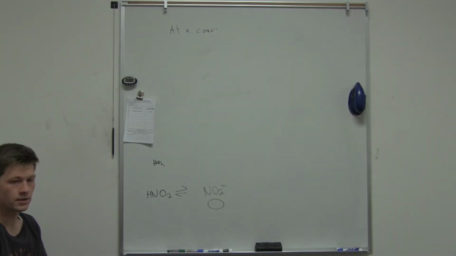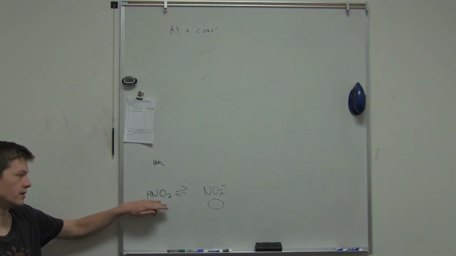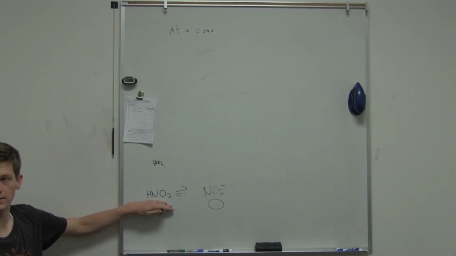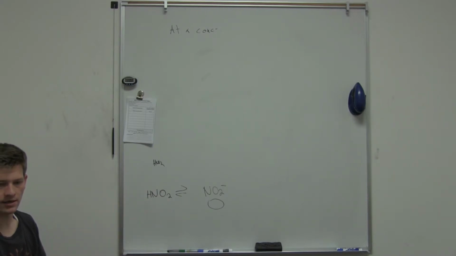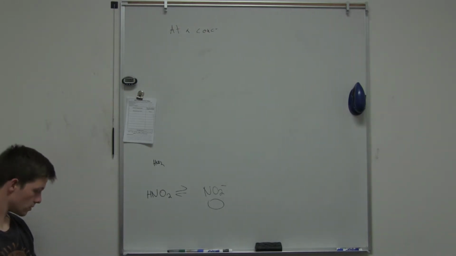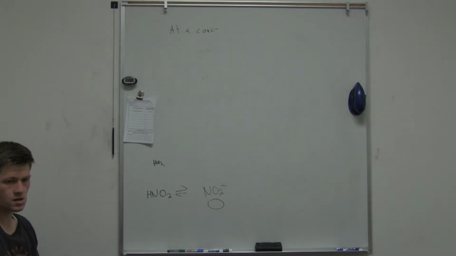Well, it's just saying the extent of HNO2 ionization. So how much actually of this is ionized? Will it be more or less? Less. It decreases. The concentration of H is going to, well, if you're just adding this to that side, it's going to have to increase to make up, right? Well, not H plus.